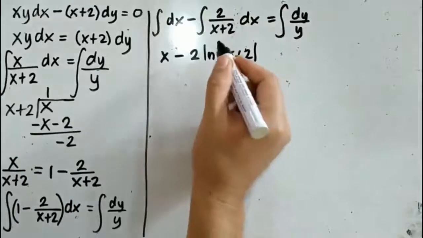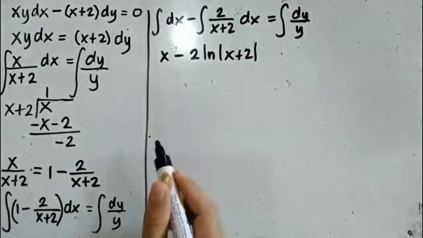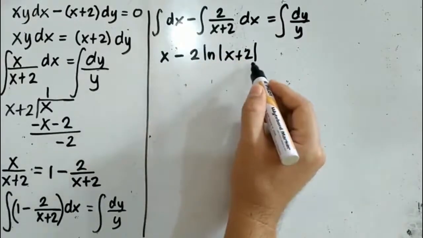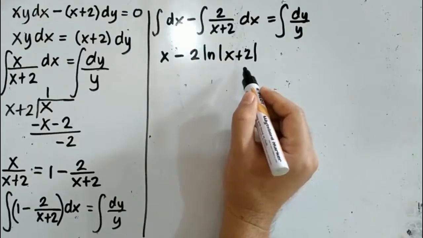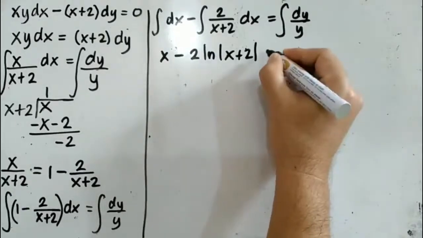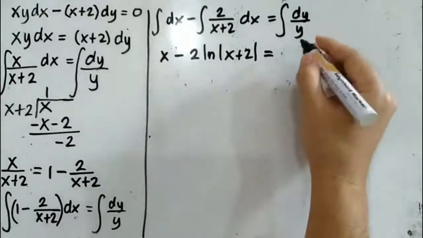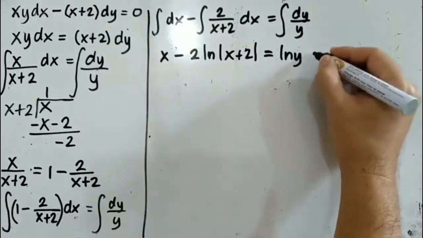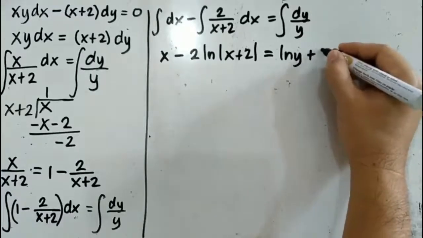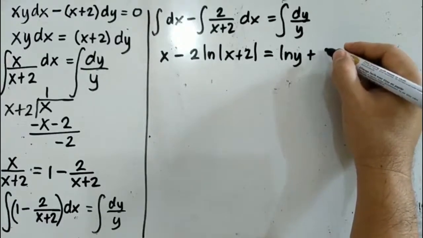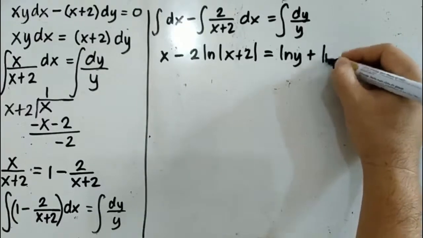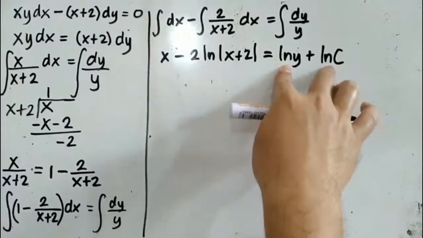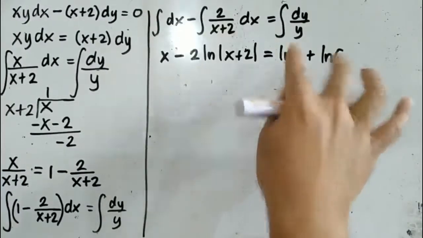Since we have 1 in our numerator, we can directly integrate it to ln of x plus 2, because the integral of 1 over u is ln u. And on the right side, we have the integral of dy over y, which is equal to ln of y, and instead of writing c, we can place plus ln of c, so that we can easily combine this into one single expression.